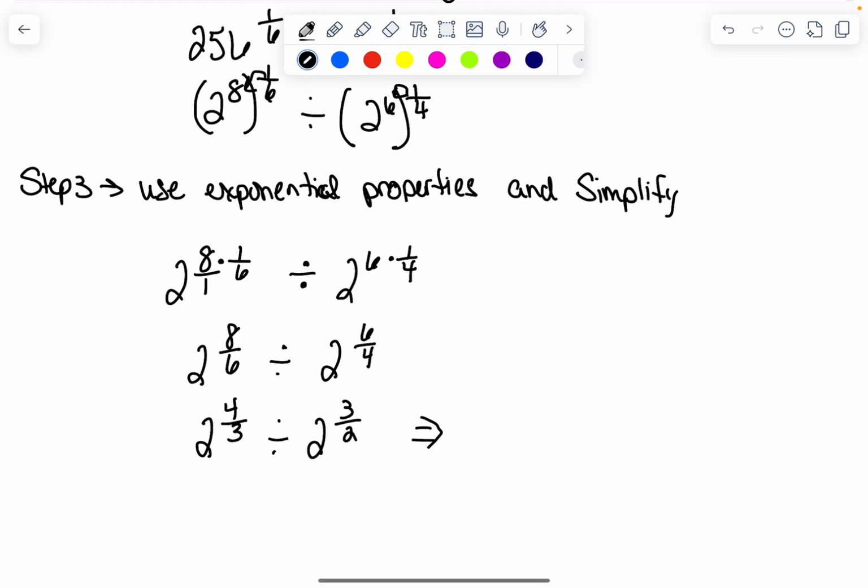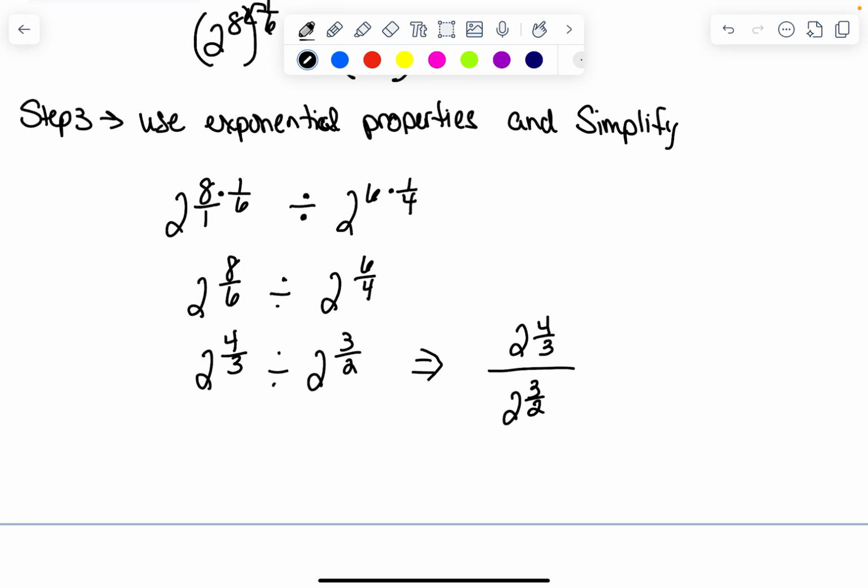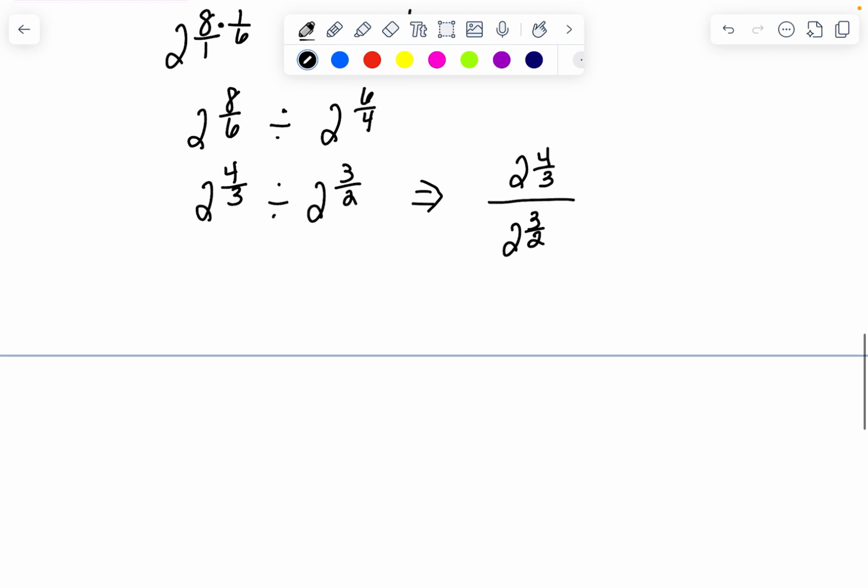I can put this in the form of 2 to the 4/3 divided by 2 to the 3/2. And remember, when you have the same bases, you can subtract these. So let's subtract them. This gives me 2 to the 4/3 minus 3/2.